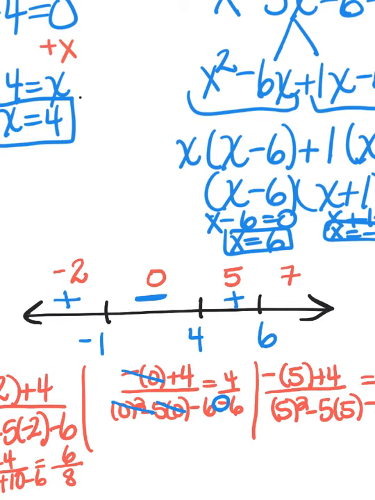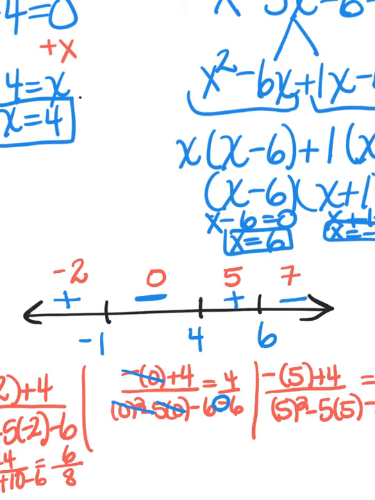And then in my denominator, I have 7 squared is 49 minus negative 5 times 7 is negative 35 minus 6. So 49 minus 35 is 14. 14 minus 6 is 8. So we end up with a negative over a positive. So this one is 1 negative, so it ends up being negative.